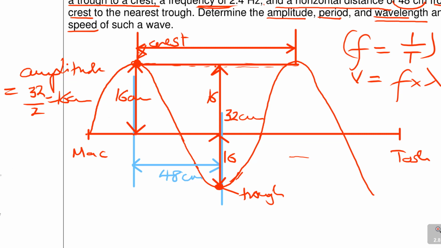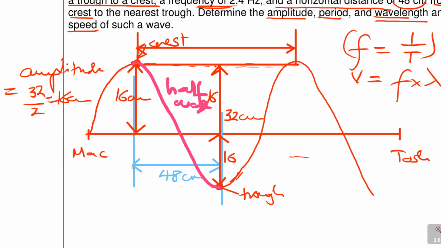If I say I'm moving from here, I'm going down to there, you can see that this is half a wave. That's half a wave. It is good as moving from here to here. This is also half a wave, right?